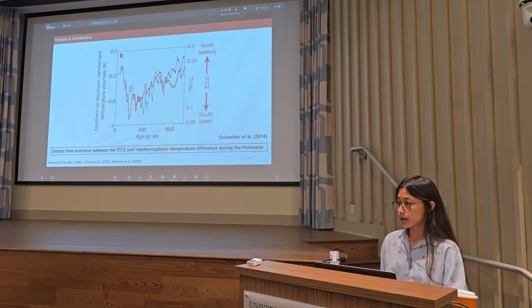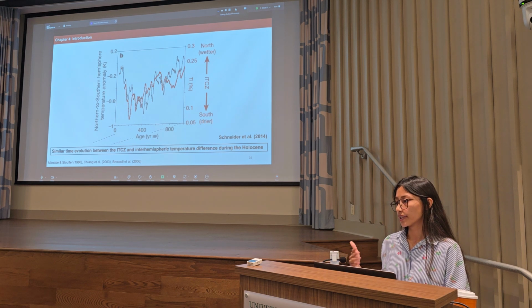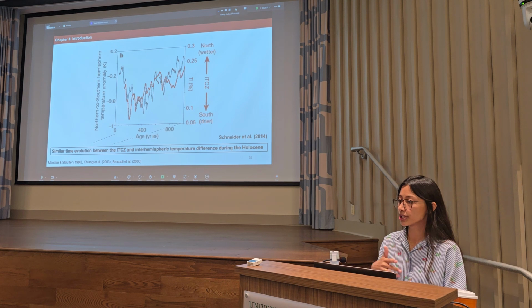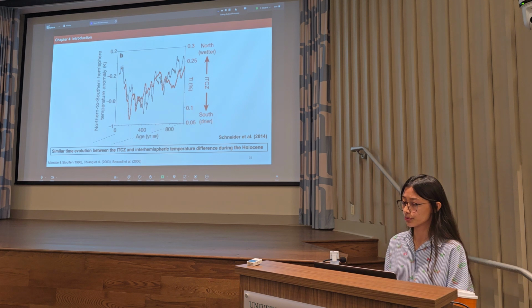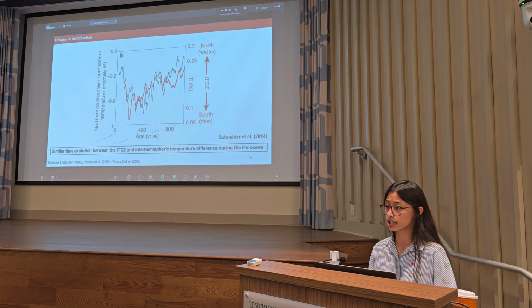Works like Schneider et al. 2014 have also shown migration of the ITCZ, specifically the meridional migration of the ITCZ in glacial and interglacial periods, which for this case they use paleoproxies to locate their ITCZ, represented in this plot by the red line.